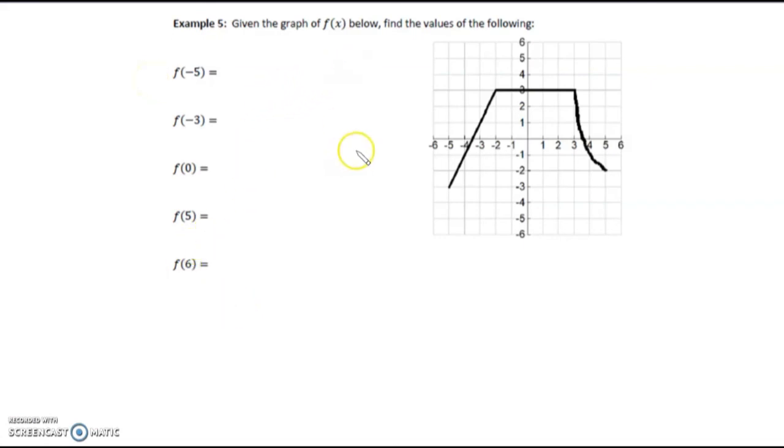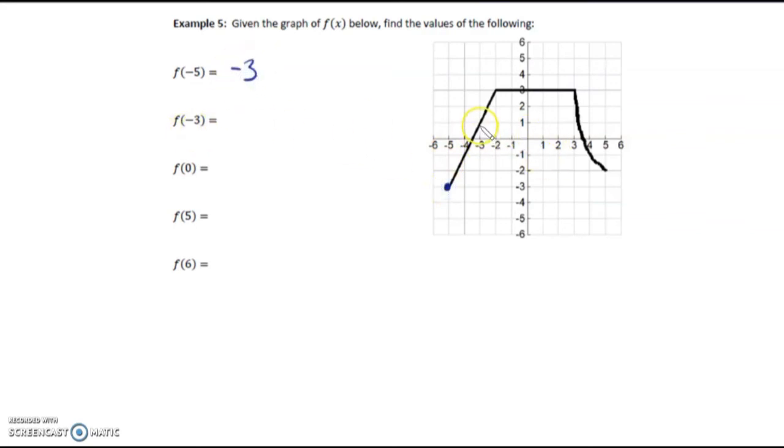Example 5, given the graph f at x below, the graph being this thick line and curve, find the values of the following. This is the exact same thing that we would do if we had an equation. We would sub in the -5. Well, we're just going to look at the reference. So when we go to -5, what point references with it? Well, -3.